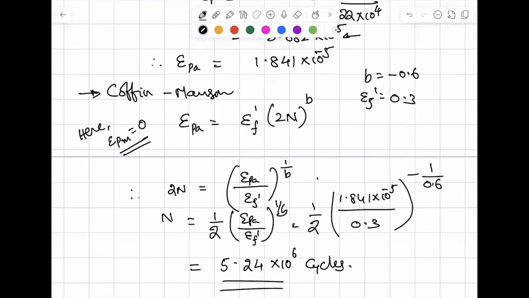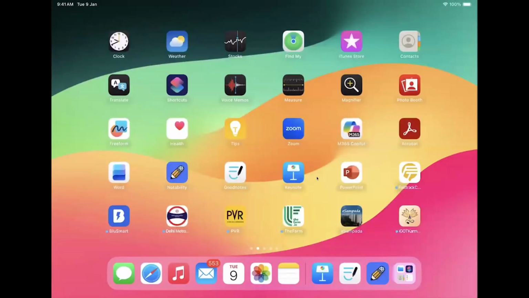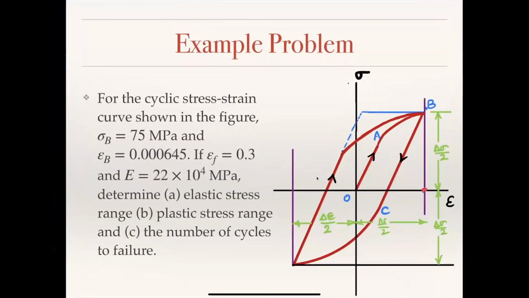Mean plastic strain is 0, isn't it? That one needs to take into consideration. It does not account for mean plastic strain or mean strain amplitude. When the mean strain comes into the picture, you need to use other models. Okay, so the answer is 5 point.